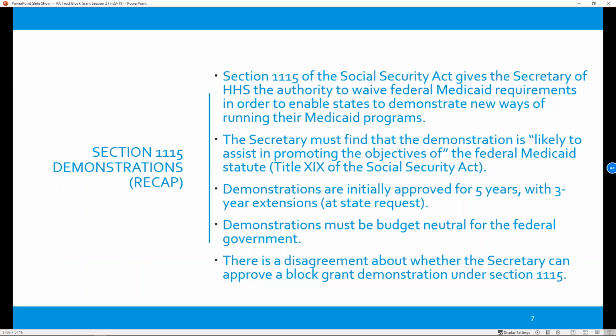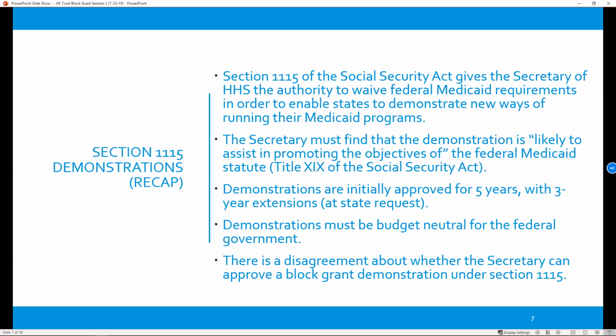And they're magic because they are the basis for litigation that's going on now with respect to demonstration programs involving work requirements out of Kentucky and Arkansas and New Hampshire. In fact, there was just a hearing this morning on the New Hampshire case.